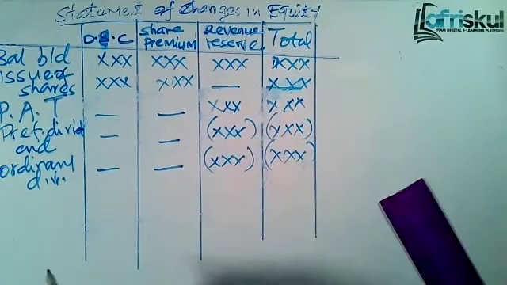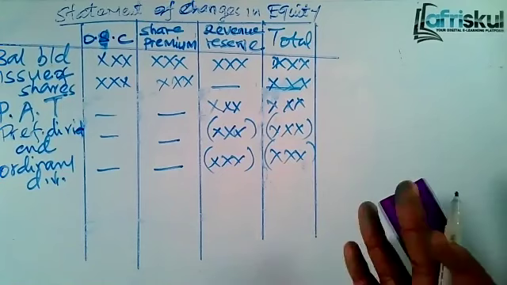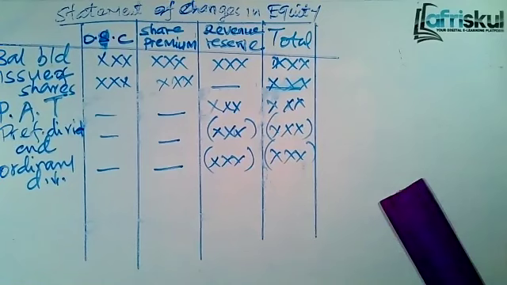Again, the company may as well transfer some amount. For example, they can take the amount to the general reserve, of which in this case I'm not having the general reserve account. I will show you in the question that we are about to do right now.